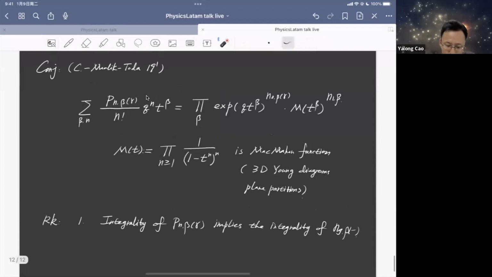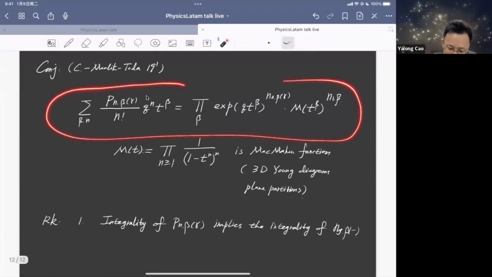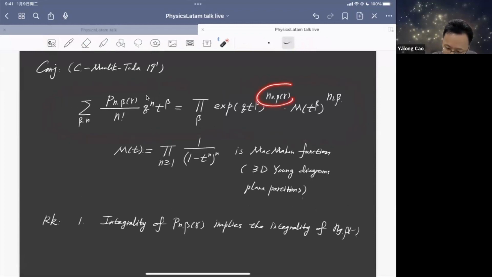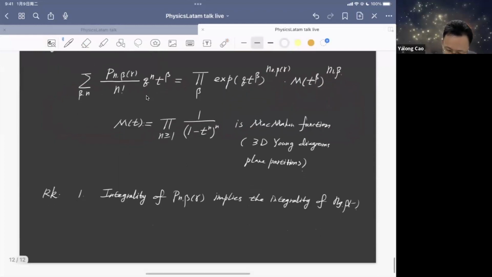That means if you have these formulas, then N0 beta and N1 beta will automatically be integers.